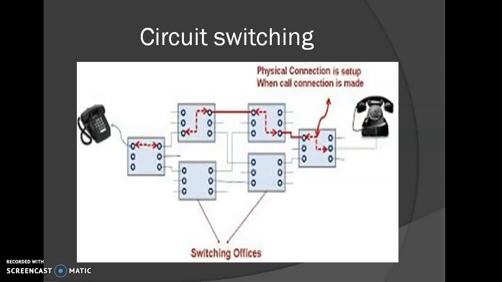In order for you to connect to someone else, you will have to find some other route, because this one has been allotted only for connecting you to this person. As long as you're not making any call to this person, this particular route will remain idle, but it cannot be used by anyone else. So what we are doing here is wasting the bandwidth. No one can use this, as it is already allotted to someone else.